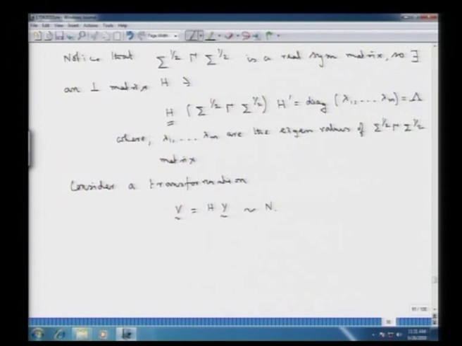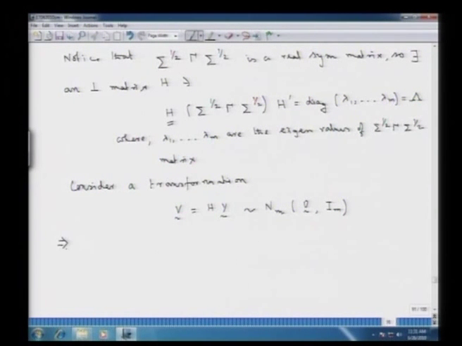So, we will have multivariate normal m with a mean vector as a null vector and the covariance matrix as H, covariance matrix of Y, which is an identity matrix, times H prime. Now, H is an orthogonal matrix. So, we will have that once again to be given by Im, an identity matrix of order m.